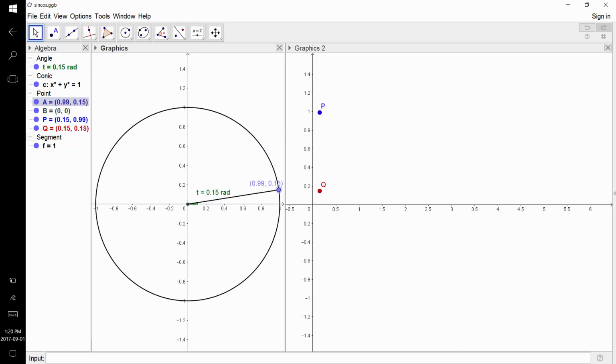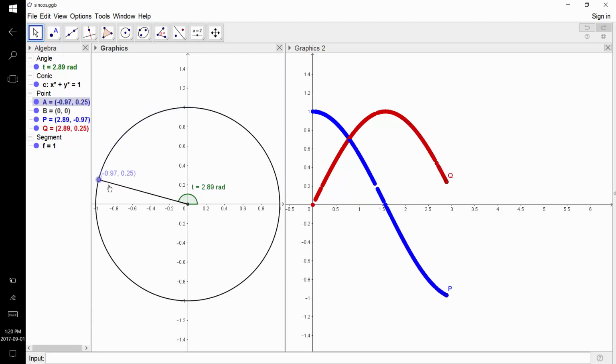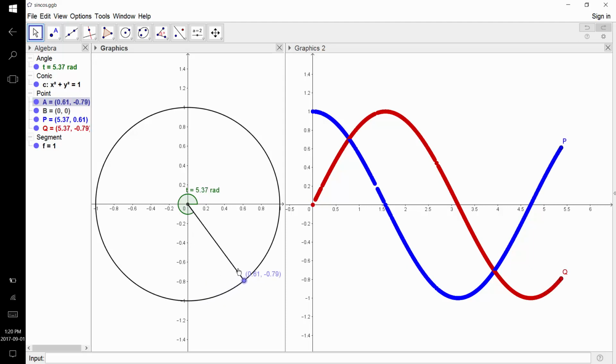Can we learn anything else about these? Well, there's this trace option I have here. Let me turn on the trace. This is going to allow me to track the motion of those 2 points as I move this point around the unit circle. So what happens as I move it around? There they go.